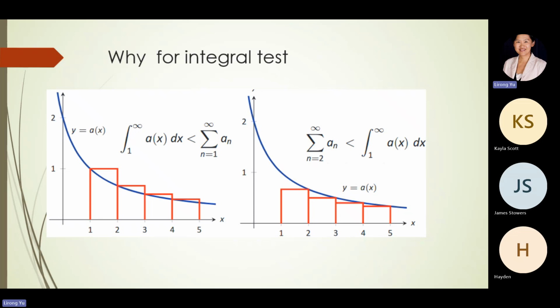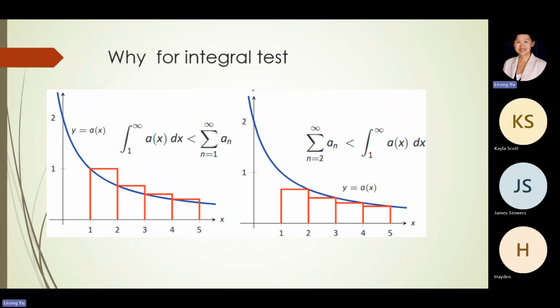We're hypothetically thinking of a n as a function a of x, with x being a variable. So here we have the x-axis on the horizontal line. We find number 2 and go to the blue curve. We have a2 as the height of the rectangle. So the first rectangle is a2 times 1, and then the second rectangle is a3 times 1, a4 times 1, and a5 times 1.